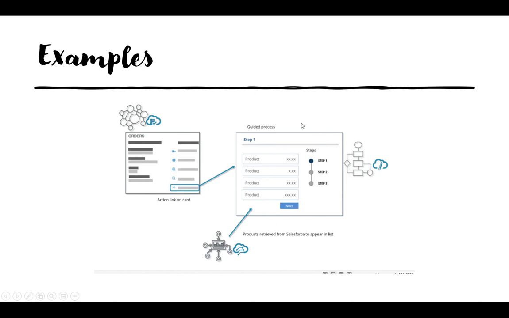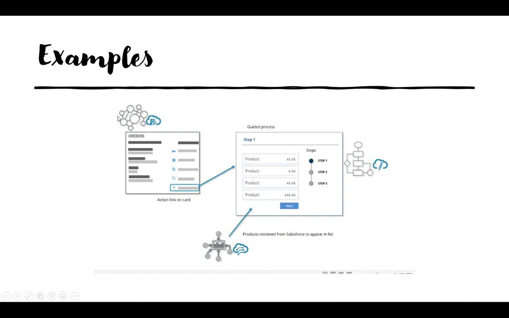In this Omniscript, in the first step, we have also a FlexCard. In the first step we display a list of products, and you can see the list of products is retrieved from Salesforce using a DataRaptor.